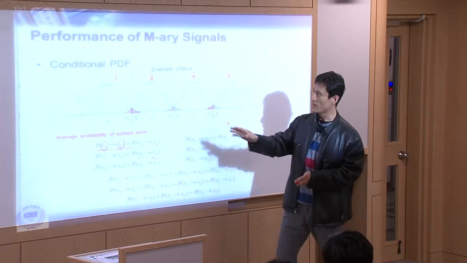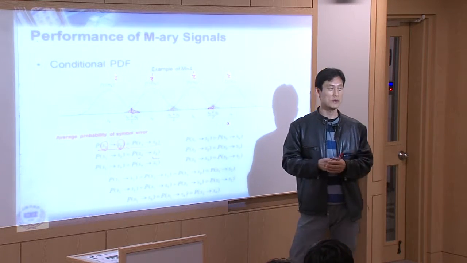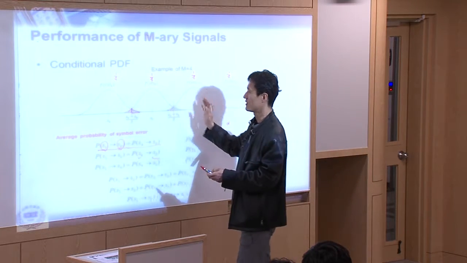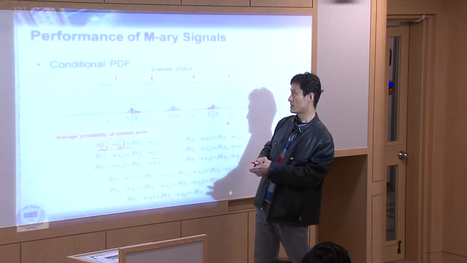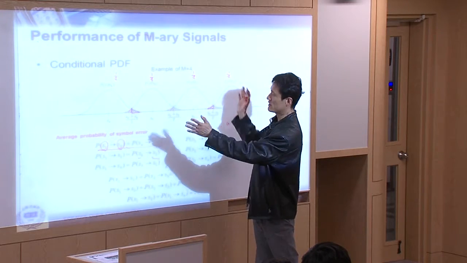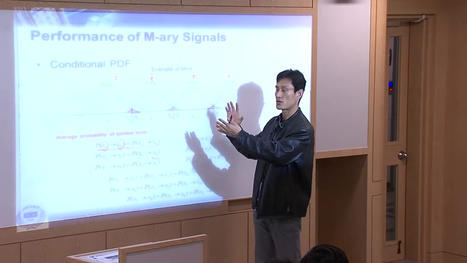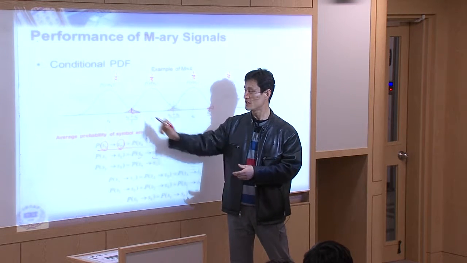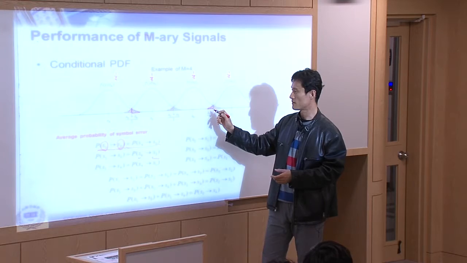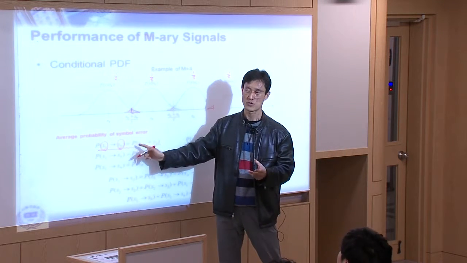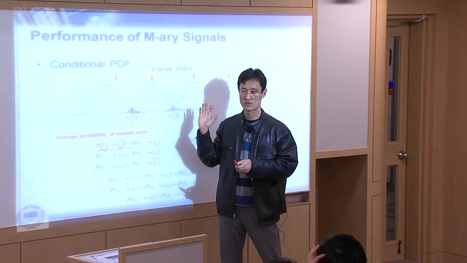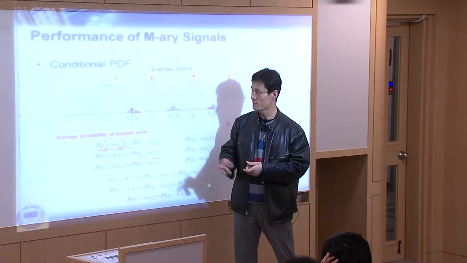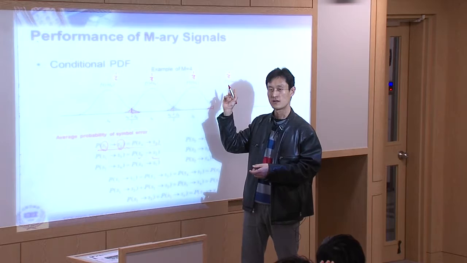So let's say S1 to S4 are transmitted with equal power. That's the assumption. If you make this assumption, you can see this whole thing as a mirror, like symmetric. So whatever you have here, this value will be the same. So you don't have to calculate both of them. Just calculate one, because it's equal power.